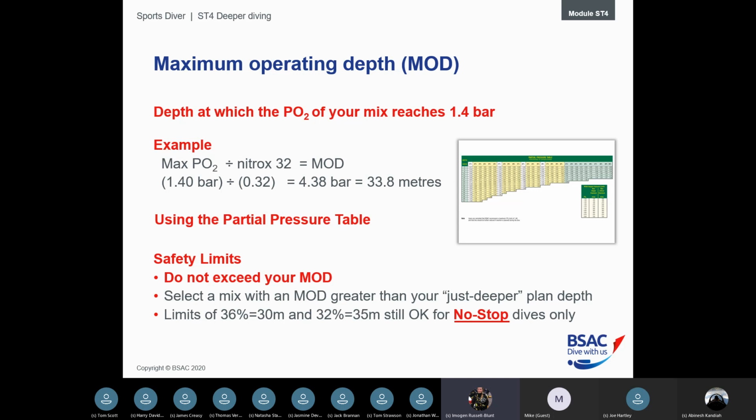So you wouldn't take that on a 33 meter dive. So if you've got 36% and you're going down to 30 meters, that's okay, as long as you're not doing decompression dives. It gets more complicated when you start adding decompression stops into the mix.